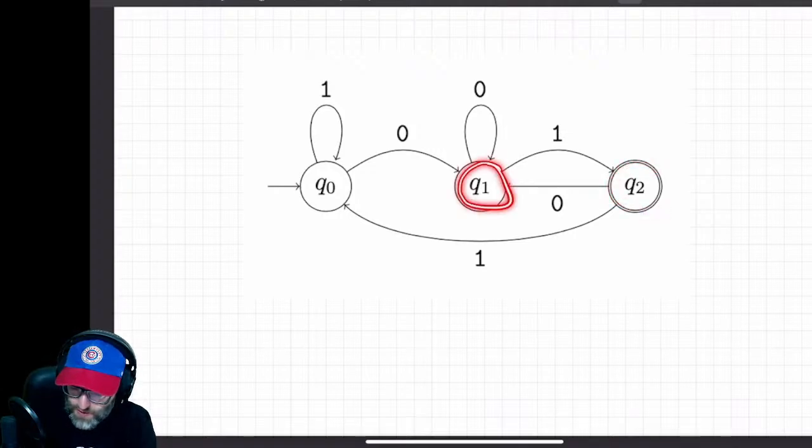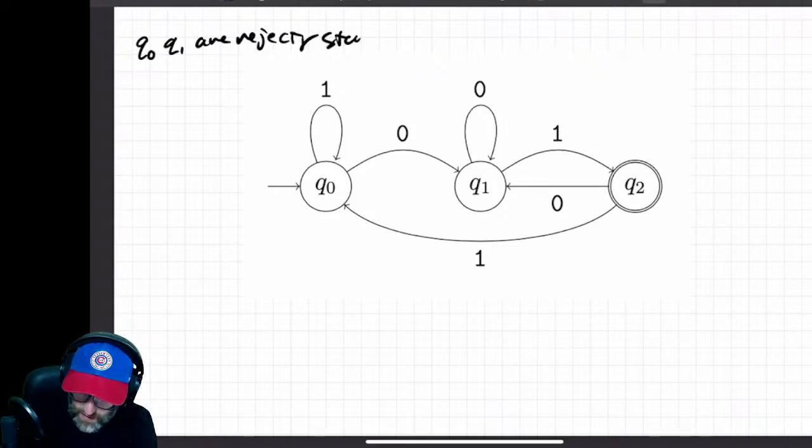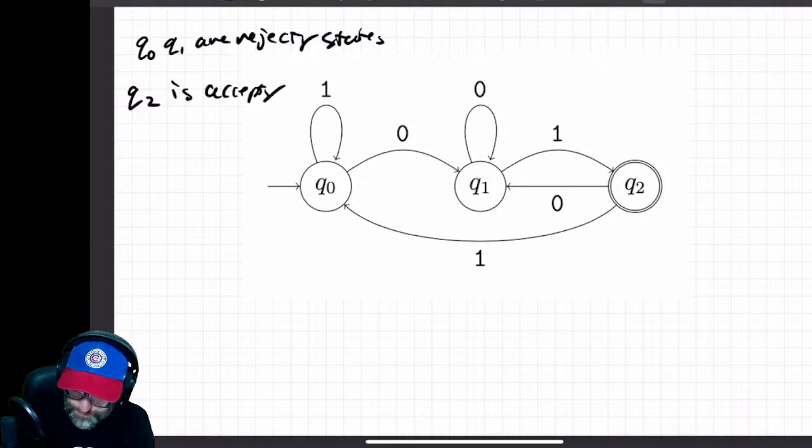Otherwise, these two are rejecting states. Let's note that Q naught and Q1 are rejecting states. Every state is either accepting or rejecting. Q2 is accepting.